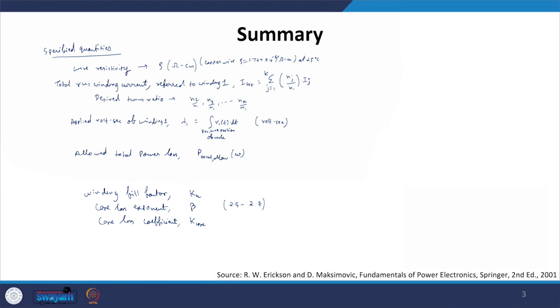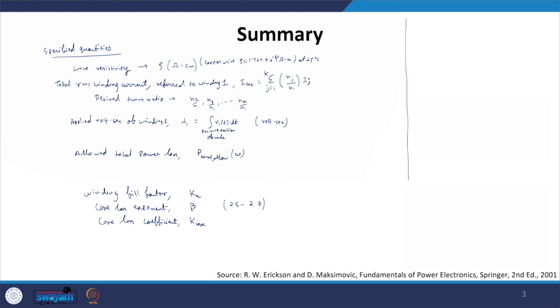Again, this is a constant. Now, these are some of the specified quantities which will be given from the different specification values. You can obtain these from the specification, depending upon the kind of material you are selecting, the kind of circuit you have, and the operation of the circuit.